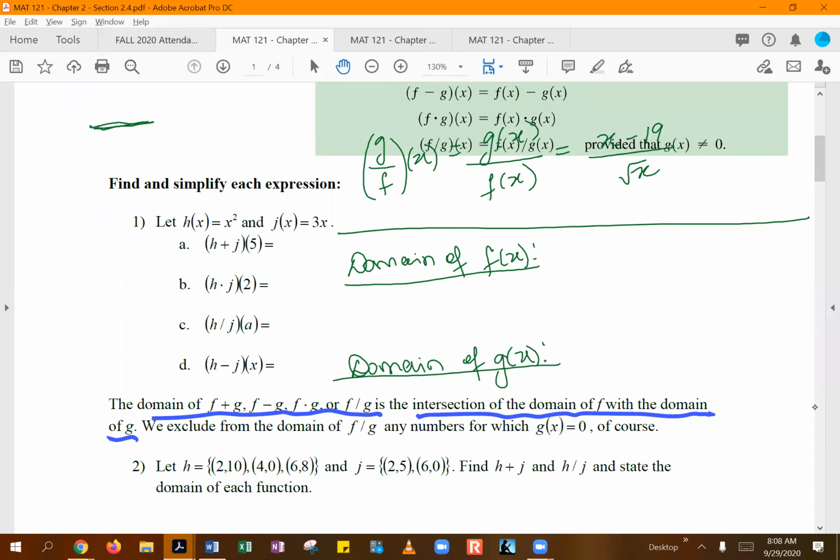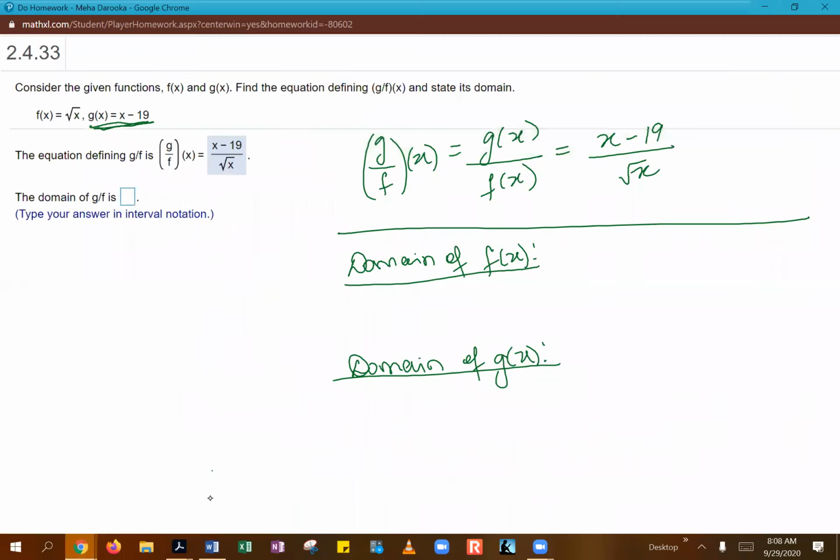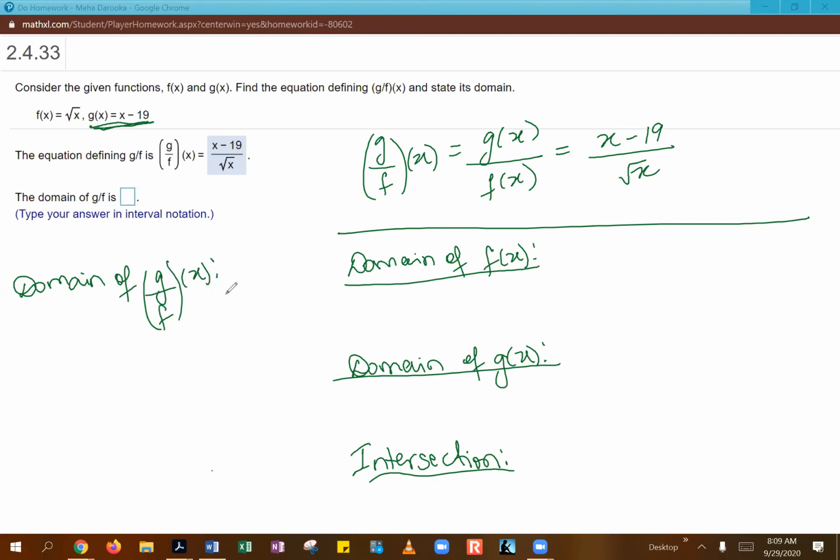And, of course, when it comes to the division function, you want to make sure none of the numbers we are using are going to make the function on the denominator a 0. So we look at the domain of each individual function. We talk about what that intersection would look like. And then, of course, that will lead us to what we think the domain of the g over f function is going to end up looking like.